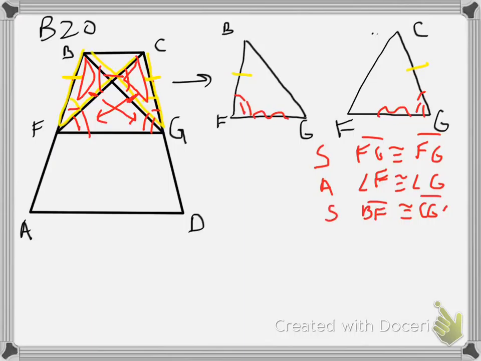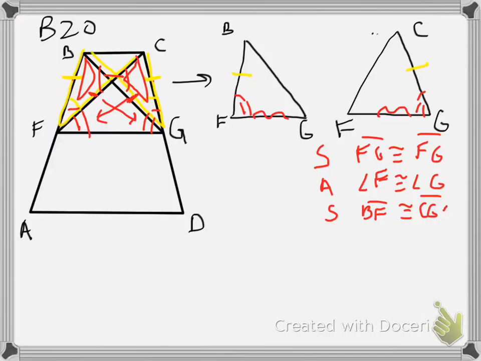So it looks like, yes, that is enough information to use side angle side. That was a lot of work. So knowing that BFC and CGB were the same, and CG was the same as BF, was enough information, but it was a lot of work to get there. Okay, let's continue on here.